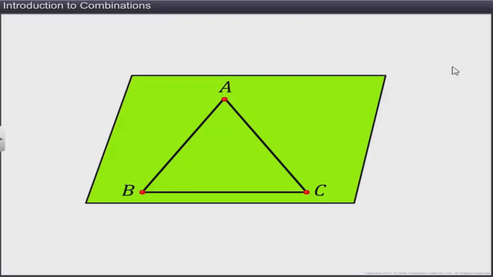A similar analogy can be drawn for the lines drawn from C to B and from A to C. We get 3 straight lines joining points A, B, and C. We can say that the straight lines are drawn taking a combination of 2 points at a time.